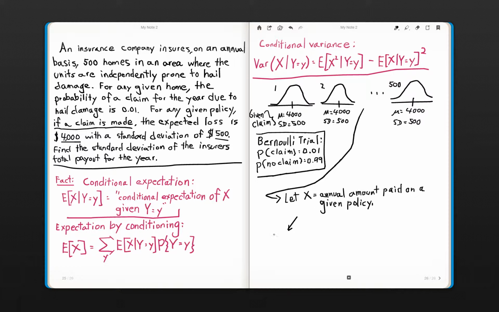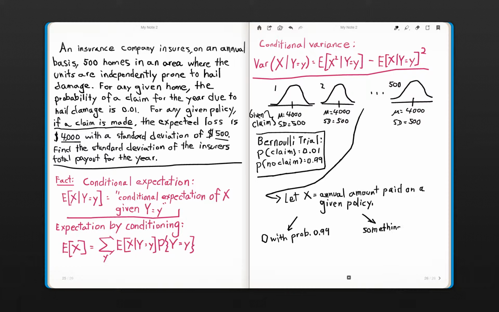And in that case, the payout will actually be 0 with probability 0.99. Likewise, we can have the situation where something else is paid out. Okay, we really don't know what that is. That's stochastic in nature. All we know is that if there is a payout, its mean is 4,000 and the standard deviation is 500. So just to informally make that clear, we'll say the payout is something else.